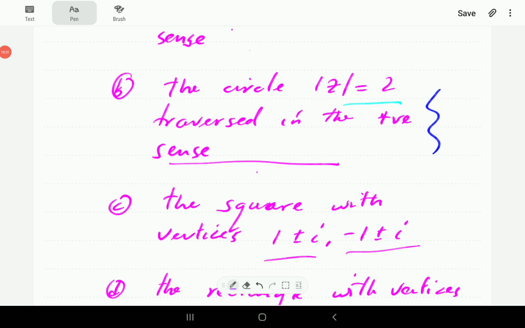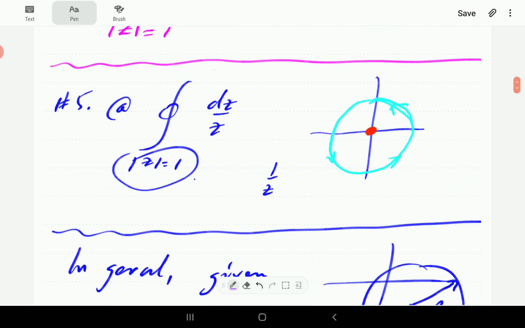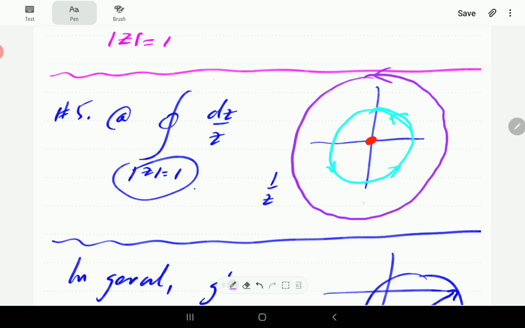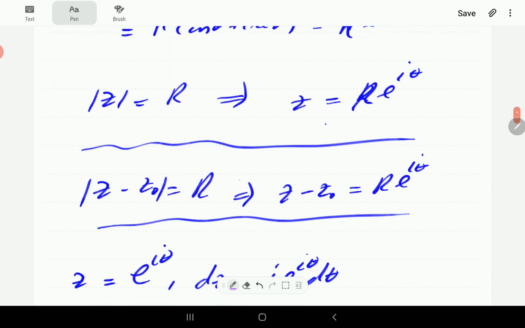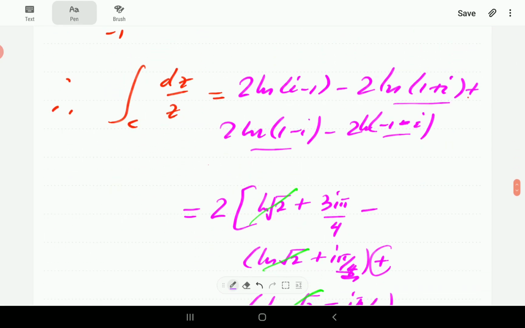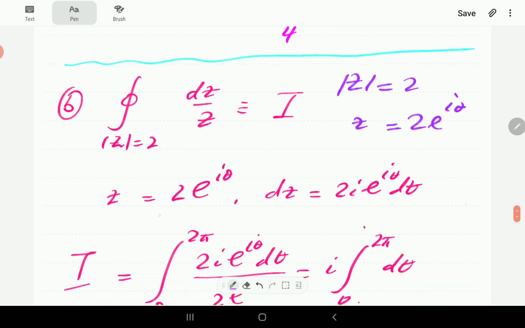Right, in the case of part B, we got a circle with radius 2. The one we did earlier was of radius 1. So this time we got a circle of radius 2 as our contour. Now, from what we've said, the circle of radius 2 gets the parameterization 2e to the i theta for its equation, which is what we have here.